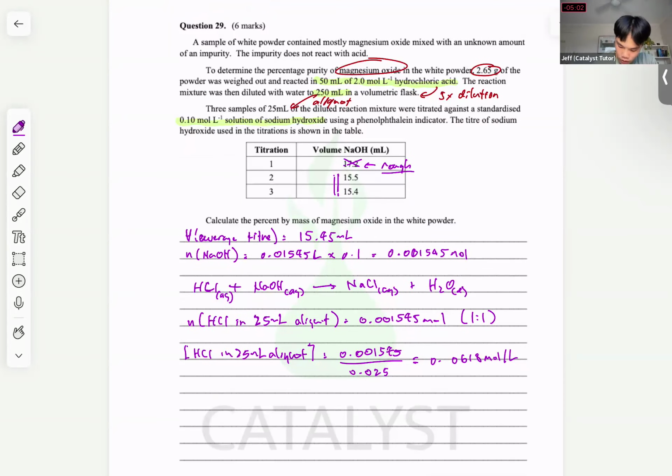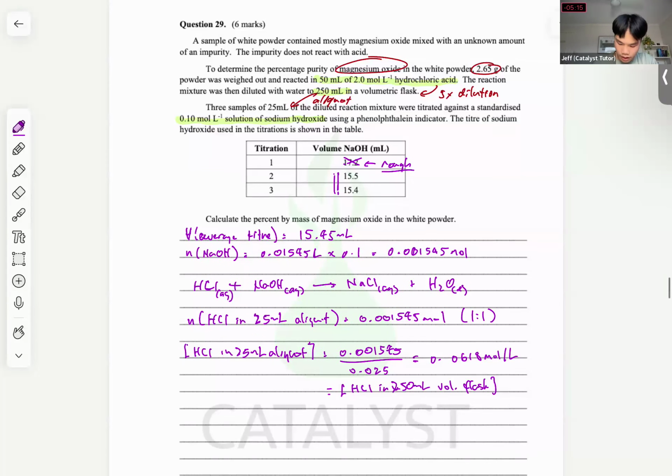And that's going to be the same concentration of HCl in the 250 ml volumetric flask, since you only took an aliquot from it.